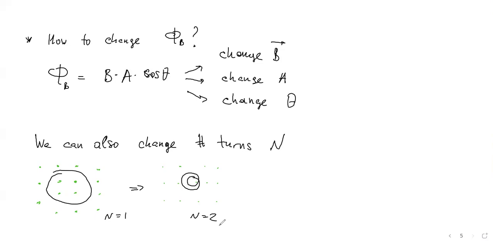So effectively it should somehow be important. I would probably write a more general form for the induced EMF. This would be the change in the flux over time. A more general form would be, if you have a number of turns, the change of number of turns multiplied by the flux through 1 turn.